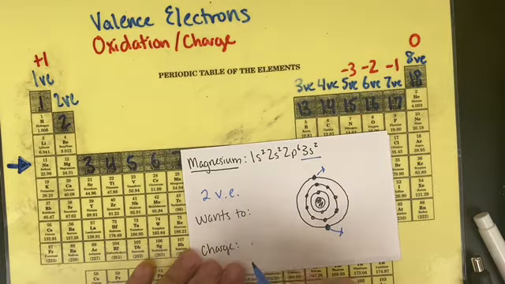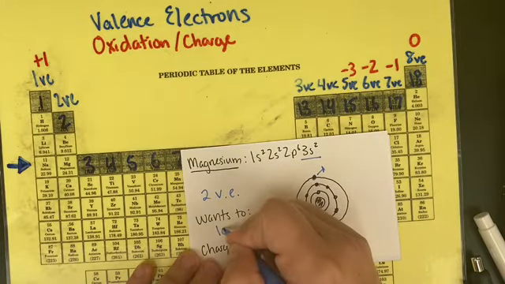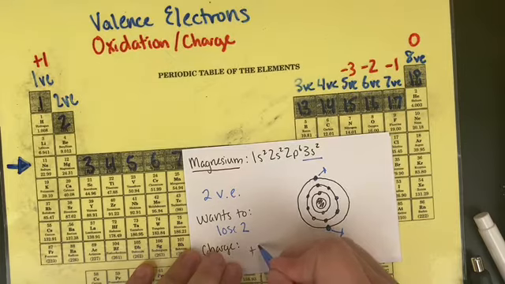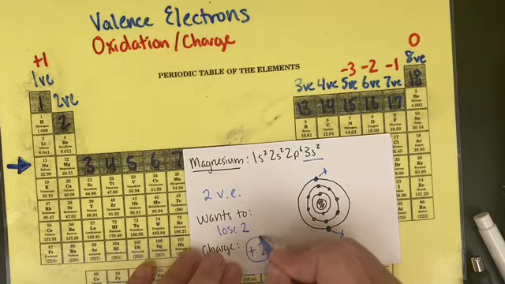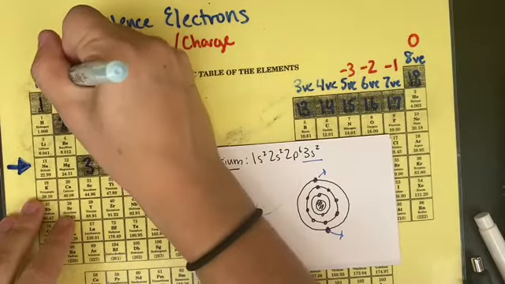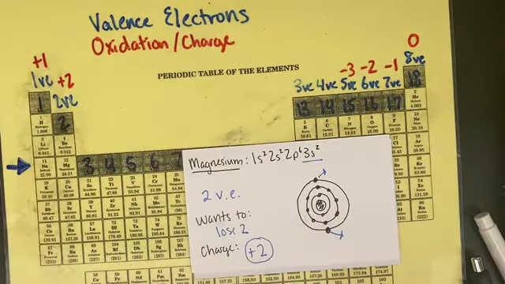So instead of gaining 6, magnesium wants to lose 2. And if it loses 2, it's going to get a charge of +2. So all of the elements in the second group are going to get a charge of +2.